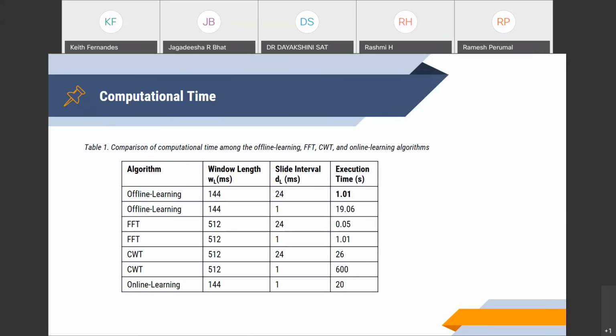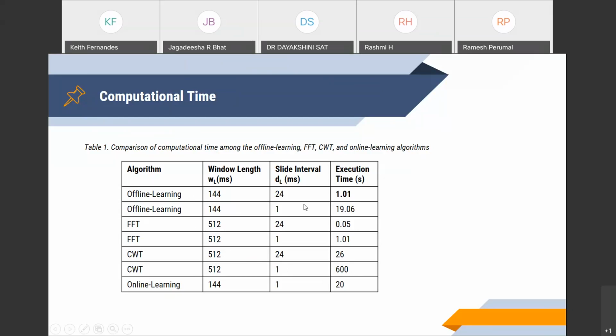I compared the execution time, the time taken to process 1 minute of local field potential, among the different algorithms. You can see that CWT with a slide interval of 1 millisecond takes 600 seconds, but the offline learning algorithm takes only 1 second, and it results in acceptable performance as shown on the next page.